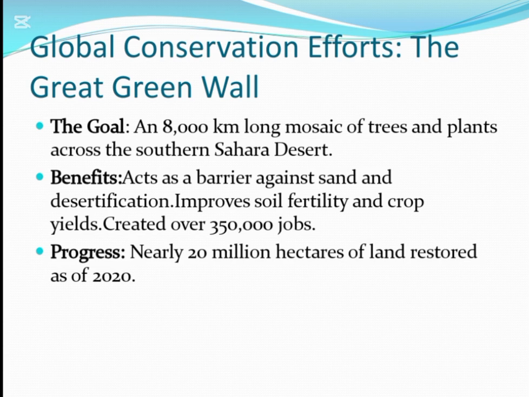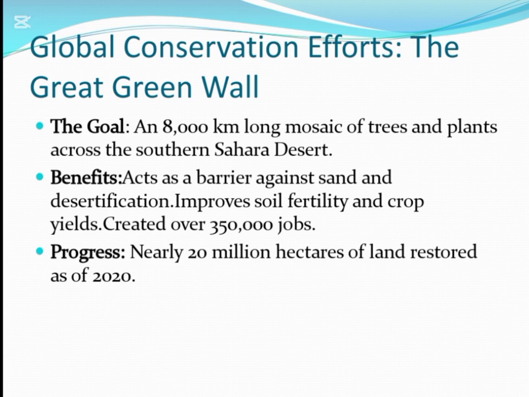Now, let's talk about the Great Green Wall. Imagine a wall made of trees that is 8,000 kilometers long. 11 countries in Africa joined together to plant this mosaic of vegetation along the Sahara Desert to stop the desert from growing and to bring life back to dry soil.